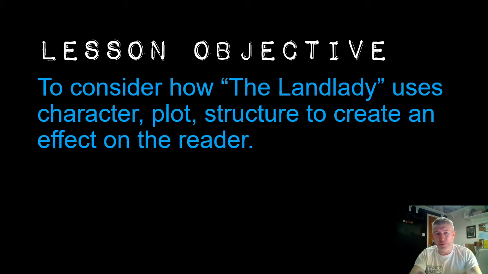Zoom in on the characters, their description and creation and the roles they play; the plot, the general story; and the structure, how it's been put together, what's being told to us and what's not, the order things are revealed. Each of these is meant to make the reader feel something or have some kind of effect on us. That's what we're looking at for the rest of this week.